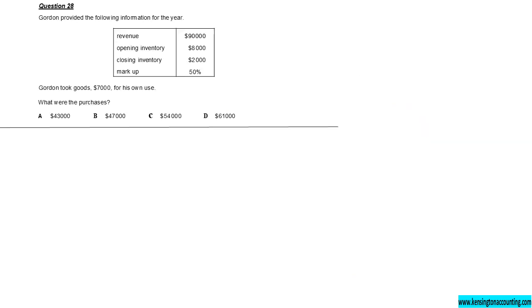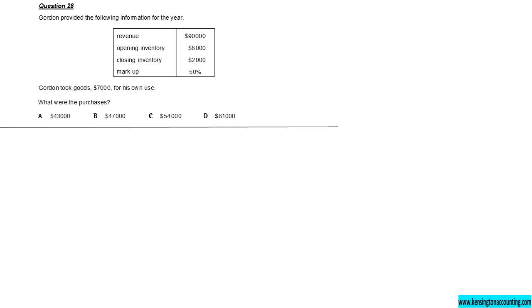Question 28 essentially deals with the trading section of the income statement and ratio, because it talks of a markup. Now, looking very quickly at this question, we have revenue, opening inventory, closing inventory, markup, and goods drawn or taken for his own use.